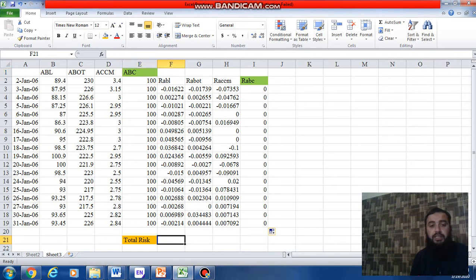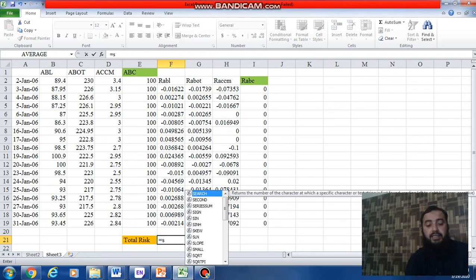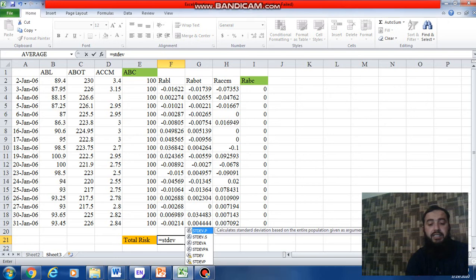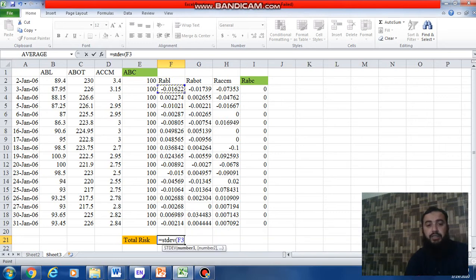Now, how do we calculate the total risk of ABL? Write equals STDEV. STDEV is a function that is used to measure the standard deviation of given data. So we are using the standard deviation tool to measure the total risk. Select the area and press Enter.